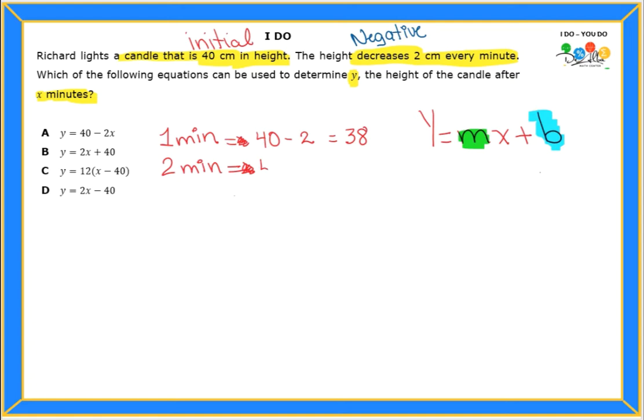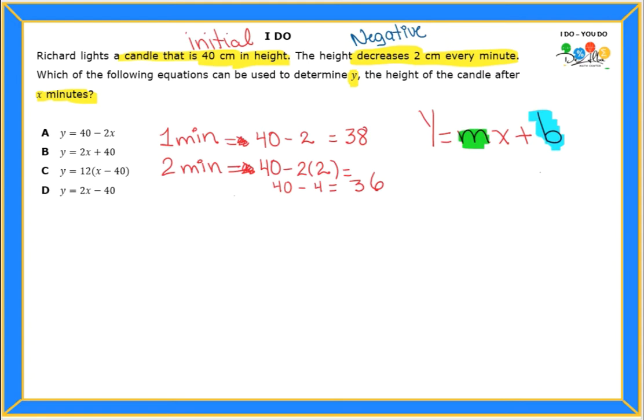So I still have the height of 40, and I'm going to get 40 minus 2, and now I'm going to multiply by 2. Why by 2? Because I'm talking about 2 minutes. So this will give me 40 minus 4 equals 36.